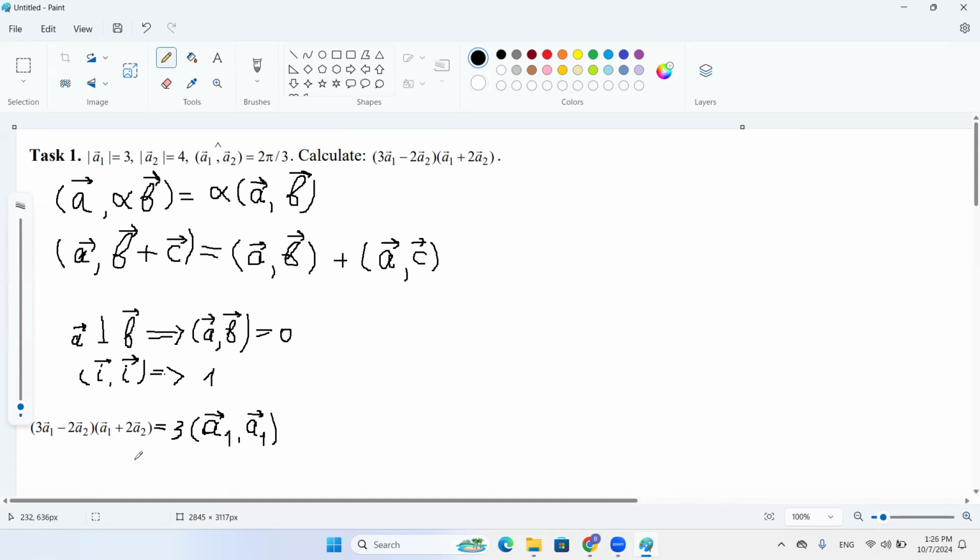Then I need to multiply this by this. So 6a1 multiplied by a2, like a regular product of numbers.